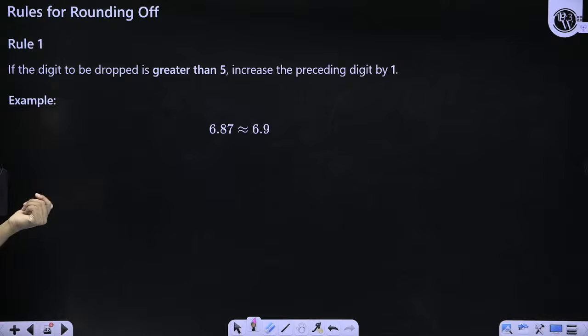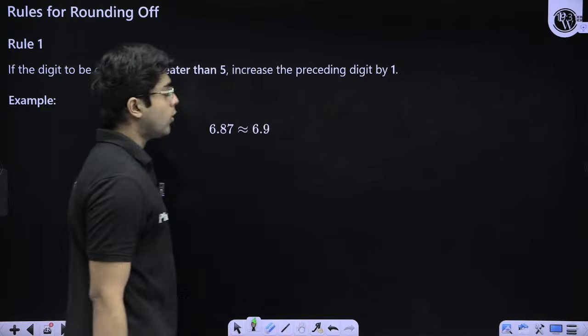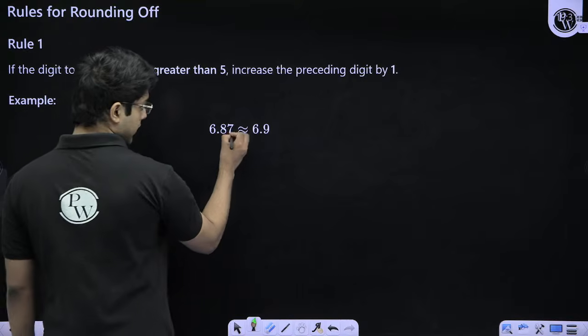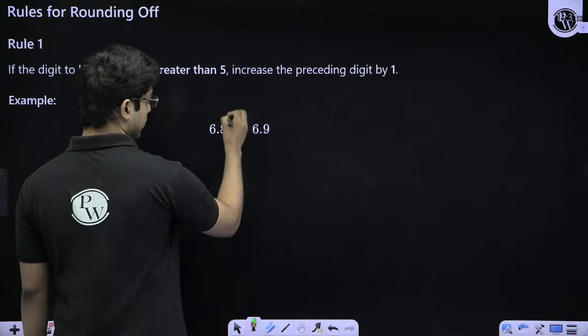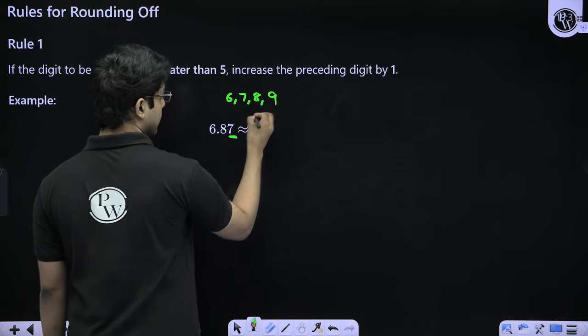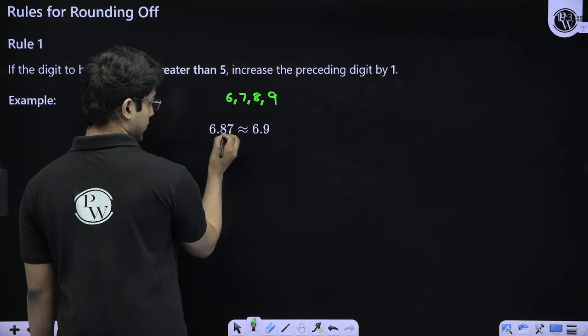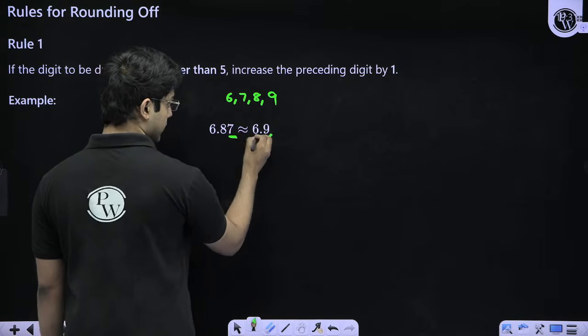Now there are some simple rounding off rules which we have to take a look at. For rounding off, it is not very complicated. We start from the last digit, and if this digit is bigger than 5, which means either 6, 7, 8 or 9, then the digit just to the left of it, 8, you increase it by 1 and get rid of that 7. So it will become 6.9.